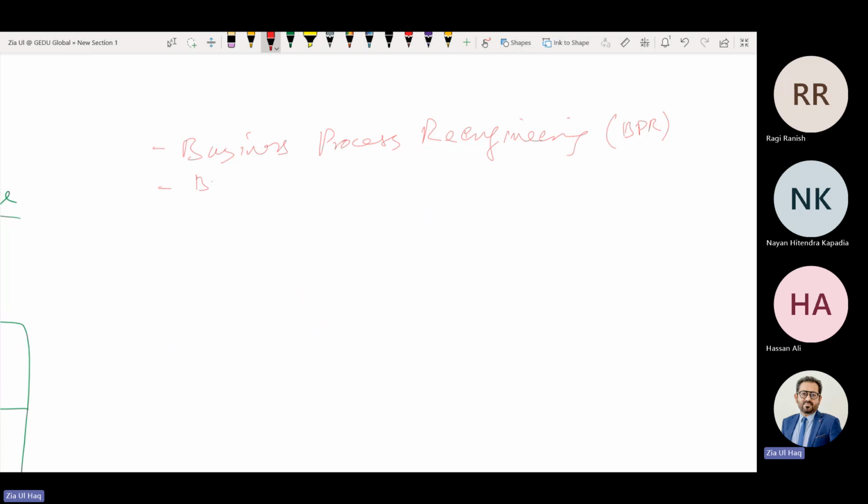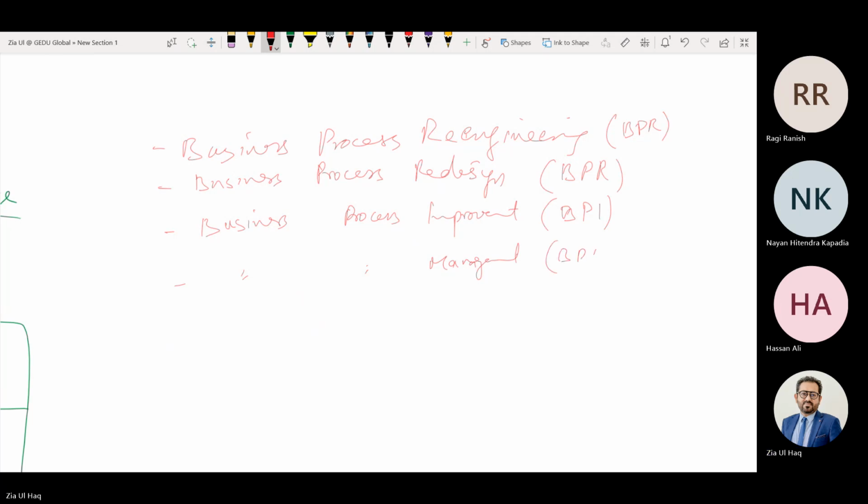It's also called business process redesign, business process improvement, BPI, and business process management, BPM. The same concept having different names: BPR, BPM, BPI, meaning use of IT.